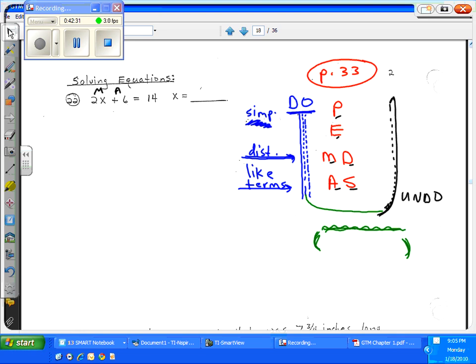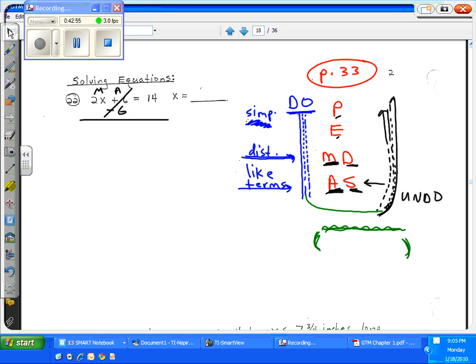Which one do you undo first? Well, we undo in the reverse order. So we're going to undo addition before multiplication because, again, we are reversing the order of operations.